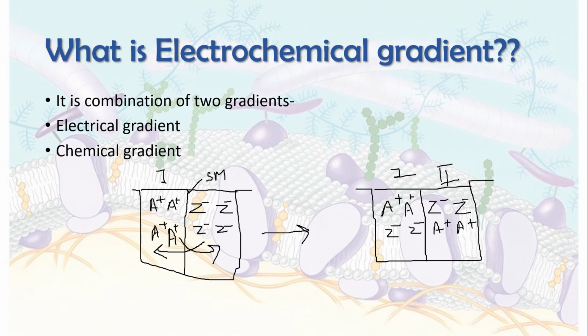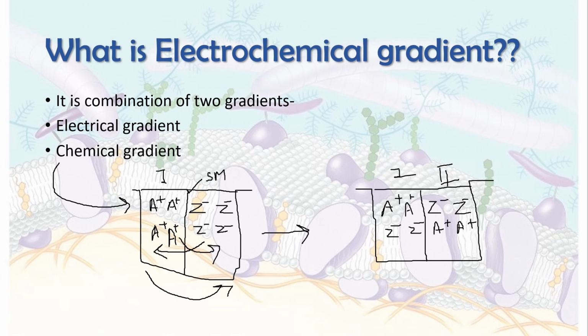So in electrochemical gradient, the molecules try to move from higher concentration to lower concentration.